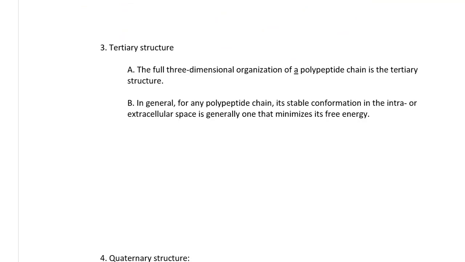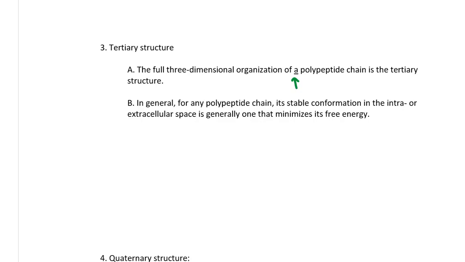Tertiary structure. The full 3-dimensional organization of a polypeptide chain is the tertiary structure. In general, for any polypeptide chain, its stable conformation in the intra or extracellular space is generally one that minimizes its free energy.